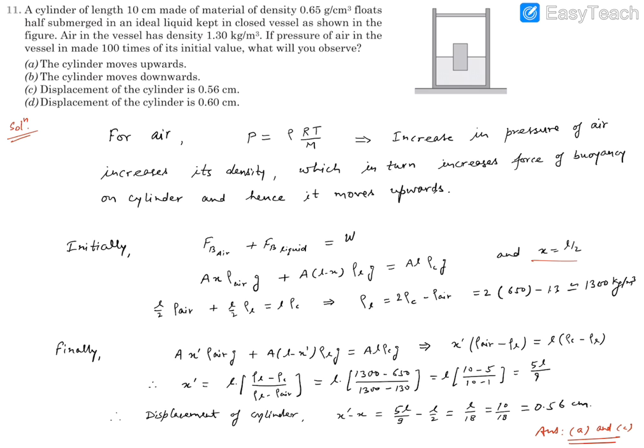The first term is L by 2 rho air, the second is L by 2 rho L, and the right-hand side is L into rho C.